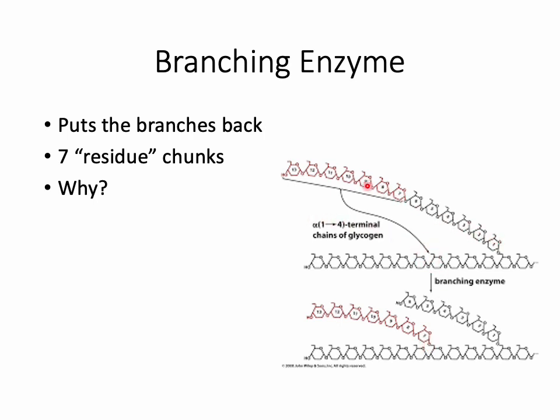In other words, it takes a long chain and divides it into 2 shorter chains, giving us more and more branches. The purpose for this is, again, to increase the number of ends or terminuses on our glycogen molecule, which allows for really rapid synthesis and breakdown depending on the conditions. Right? The more branches we have, the faster our glycogen can be either accessed or synthesized depending on the conditions.